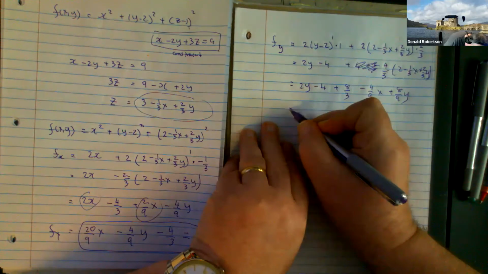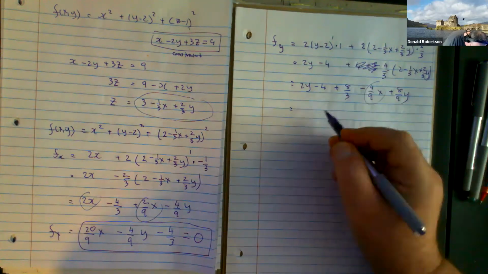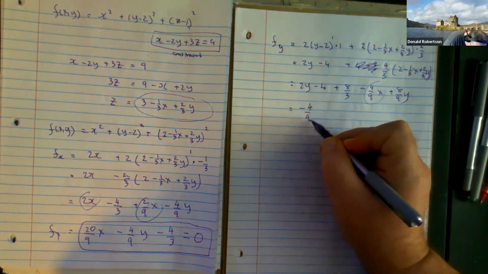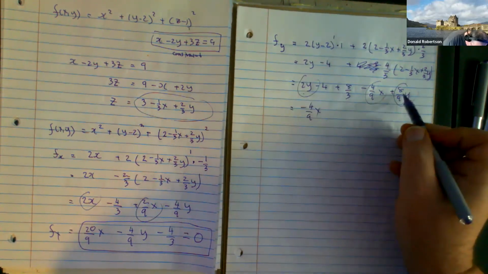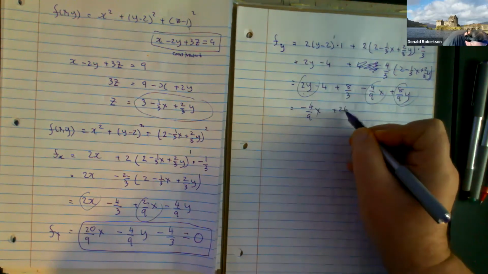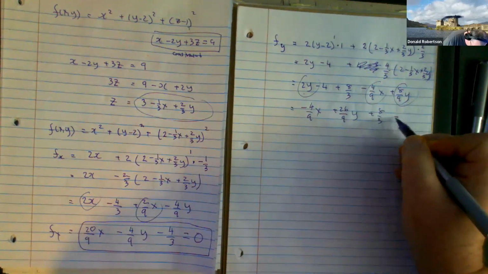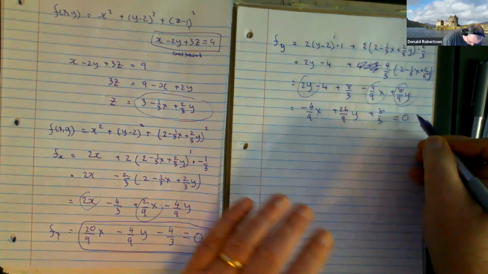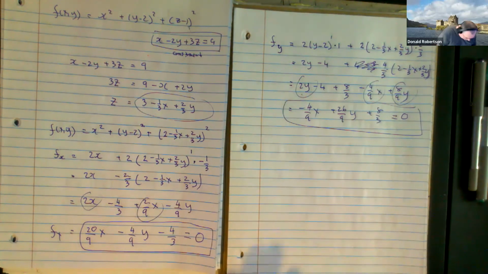And a little bit of tidying up, not much. What can I get? I can get an x, so it's -4/9 x. I got this guy and that guy. That's 18 plus 8, so I make that 26/9 y plus 8/3, and that also has to equal 0. And that is our second equation.